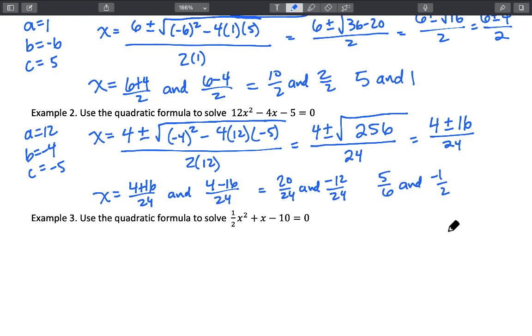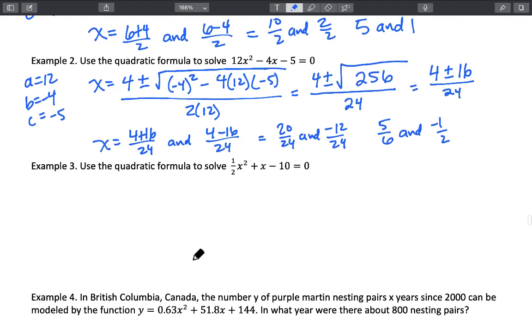All right, so our third example here, now we have one-half x squared plus x minus 10. We are going to solve this one using the quadratic formula again. We have our a value of 1/2, our b value of 1, and our c value here of -10.